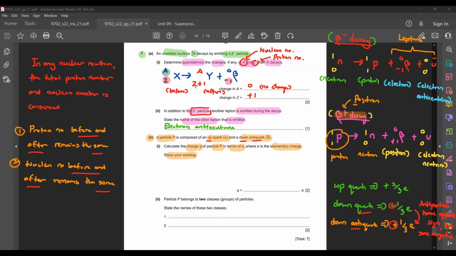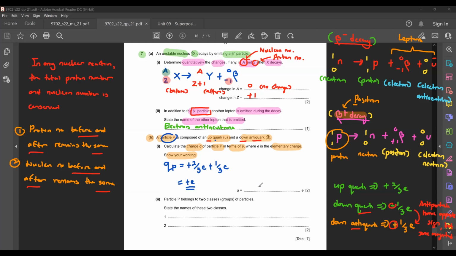So right now we want to find out the charge of particle P here that's made out of the up quark and down antiquark. We can just write something like this. The charge of particle P is actually going to be plus 2 over 3e plus 1 over 3e, giving us positive e.